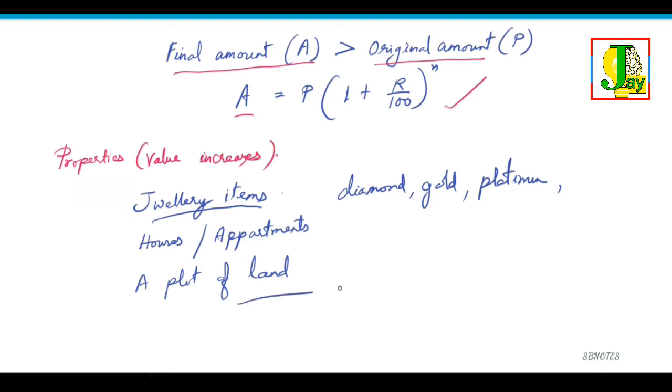This type of property brings you more price when you sell it compared to what you paid when you bought it. That means the final price is always greater than the initial price. The final price is denoted by V and the initial price is denoted by V0, that's the original price. So these properties get you a higher return and profit when you sell them.